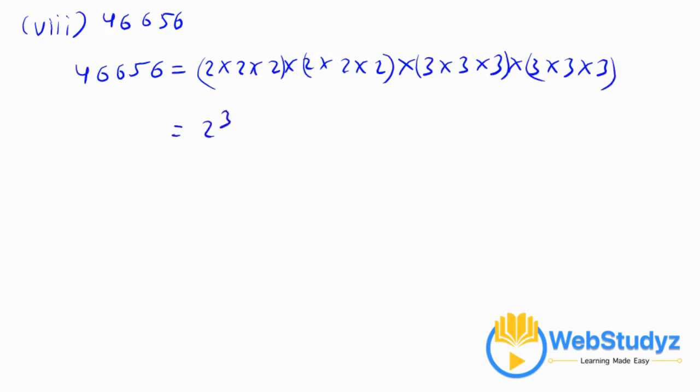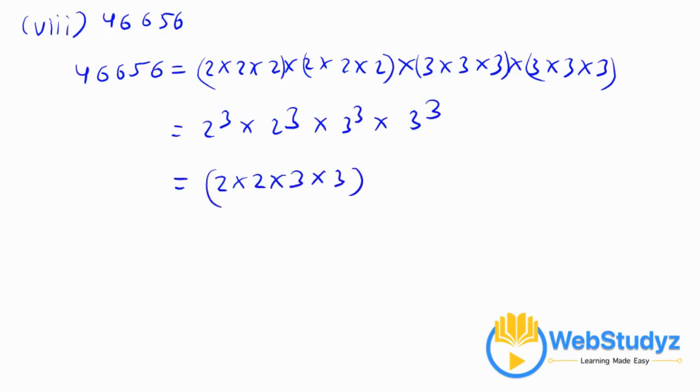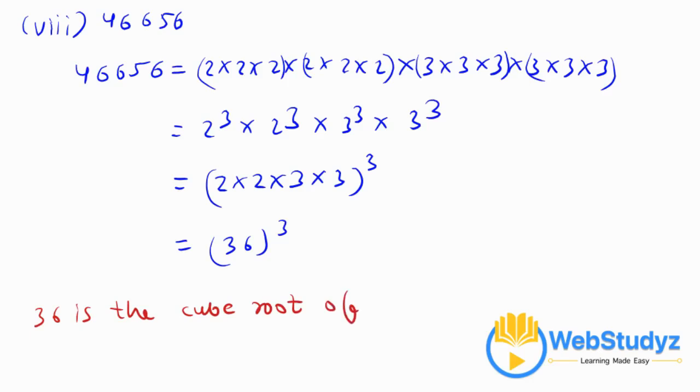That is equal to 2 to the power 3 into 2 to the power 3 into 3 to the power 3 into 3 to the power 3, which can further equal (2 into 2 into 3 into 3) whole power 3, which will further be equal to 36 to the power 3. That means we can write that 36 is the cube root of number 46656.